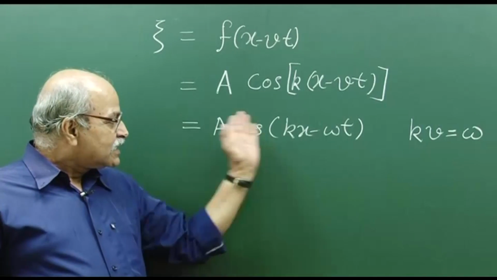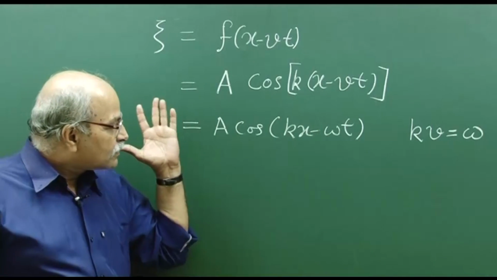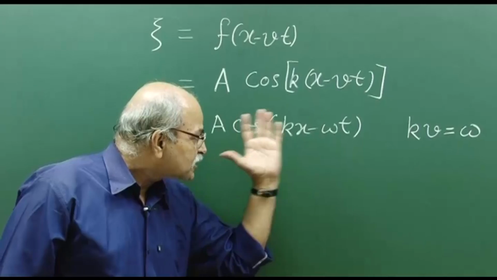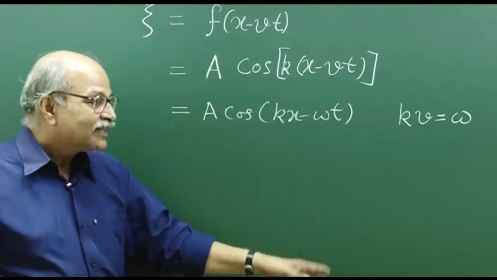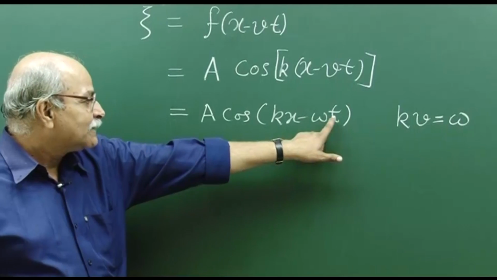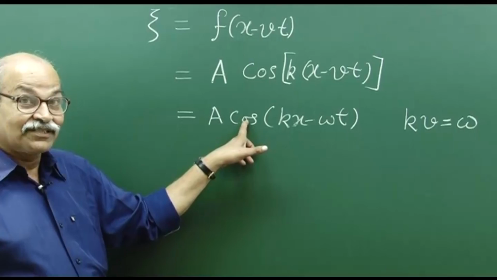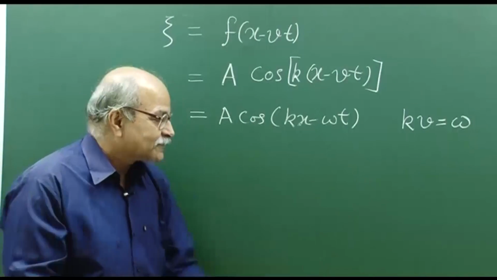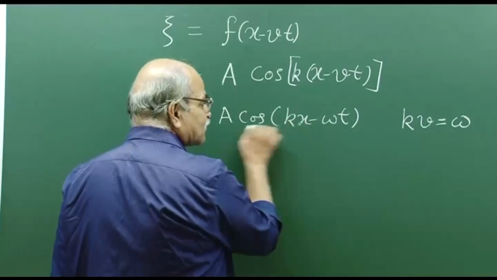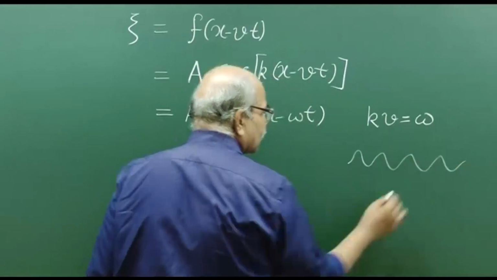And if this is the kind of wave, then it will have a periodicity in space and a periodicity in time. At a particular instant, if you see, it changes with x, and that also is this cosine function. So you will have periodicity in space, because of this cos function, and if you plot, it will be like this.